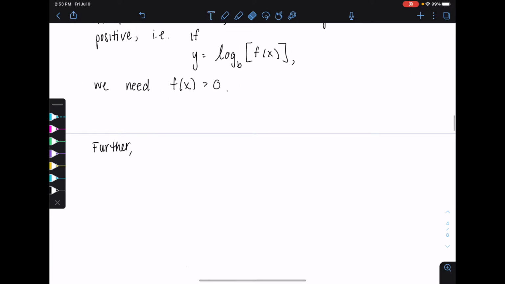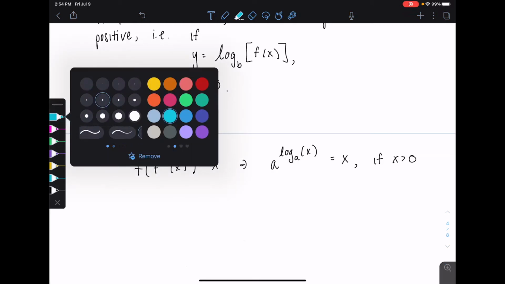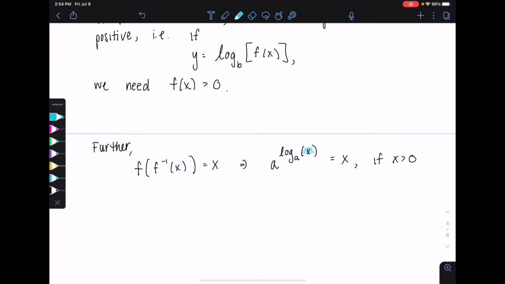The other thing you want to remember, again, using kind of just your base knowledge of inverses, is if you take a function and evaluate its inverse, it cancels out. So if I take the exponential function, evaluate it at that logarithmic function when they have the same base, it cancels out. So I just end up with x. But this is only true if x is greater than 0, because otherwise we have a problem in here.